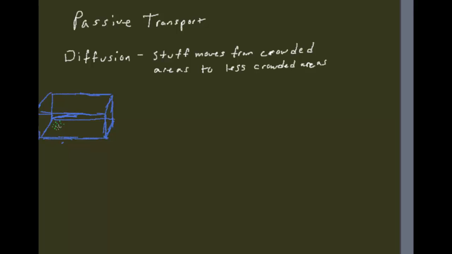These stink molecules will naturally, without anybody having to do anything, slowly spread out till they fill all this empty space. Because they move from an area right here that's more crowded, okay, move from an area that's more crowded to an area that is less crowded, which means everybody in the rest of the class is going to get to smell that stink bomb pretty soon.